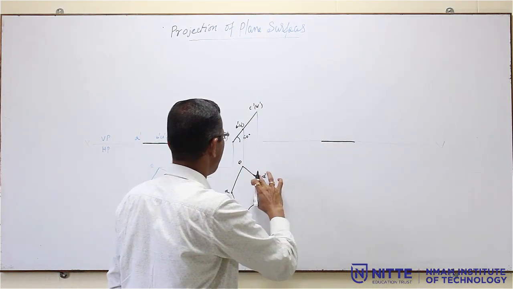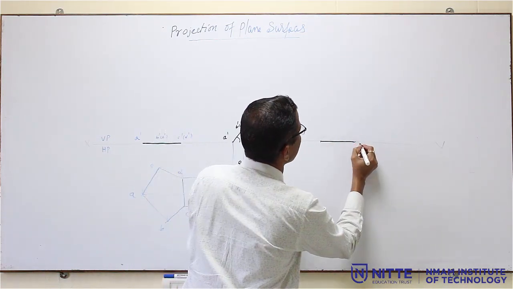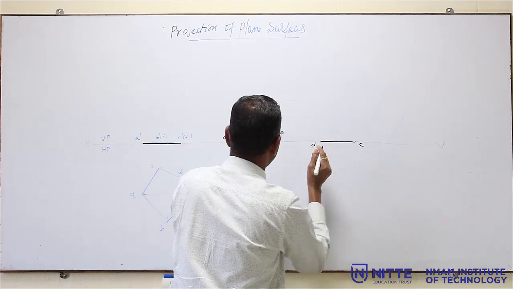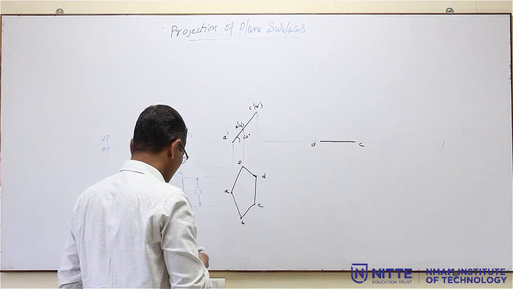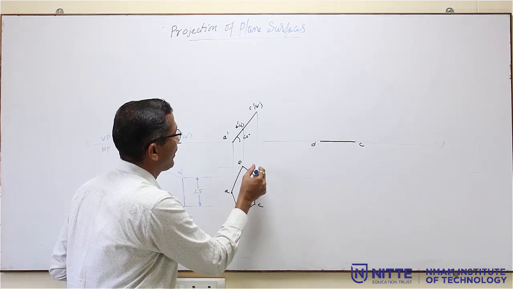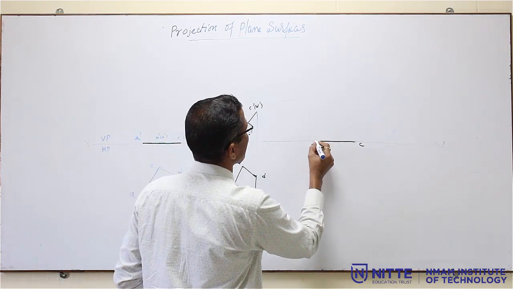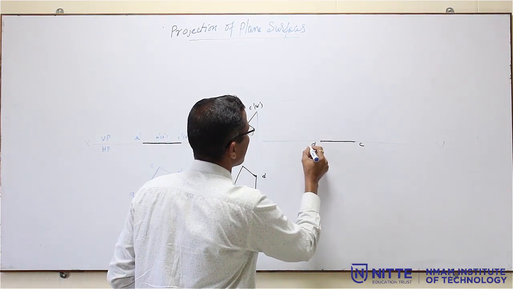Here, measure this. Simply I have to copy it like this. This is C, this is D. Then there is an imaginary box available. What is that box? So, complete that box like this.